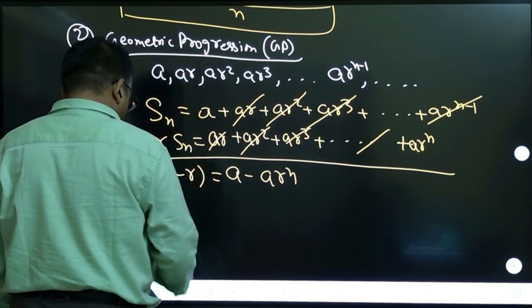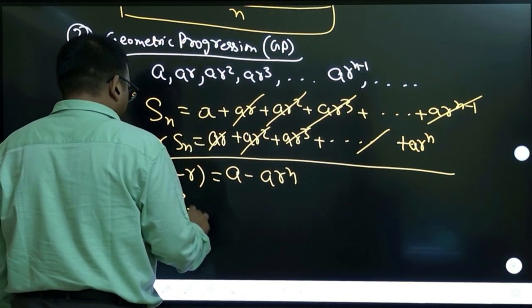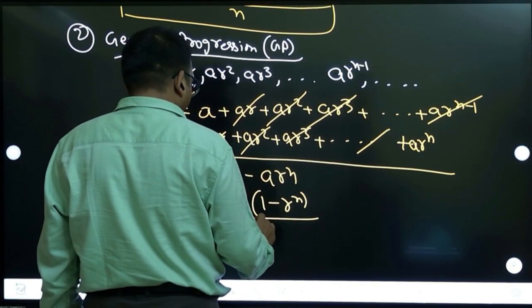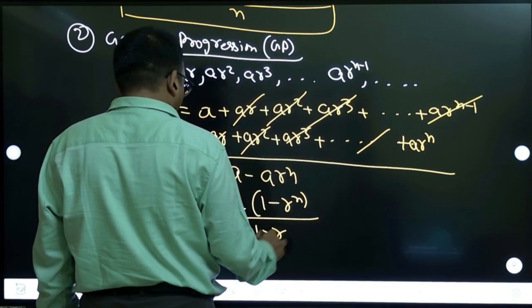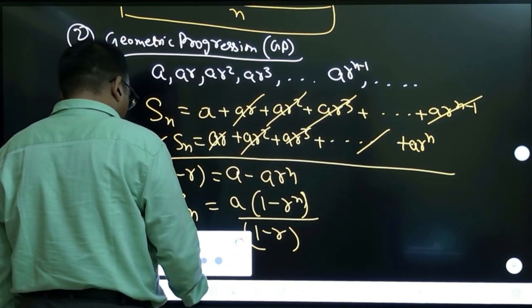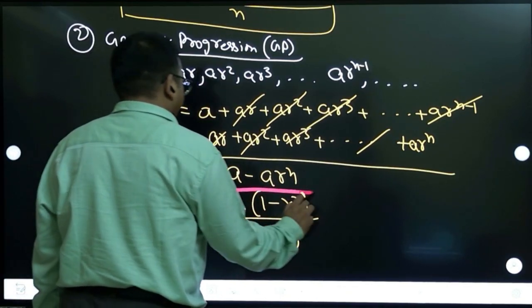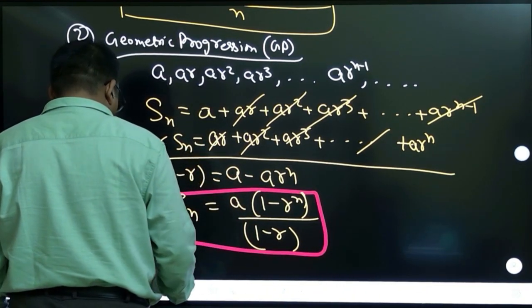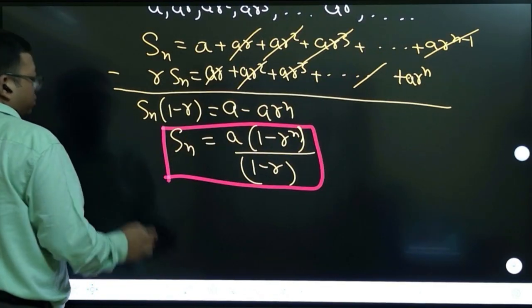Then what do you get? Then you can write this as a into 1 minus r power n by 1 minus r. That's how we can do it. That's the formula for this. Okay, that is the geometric progression.